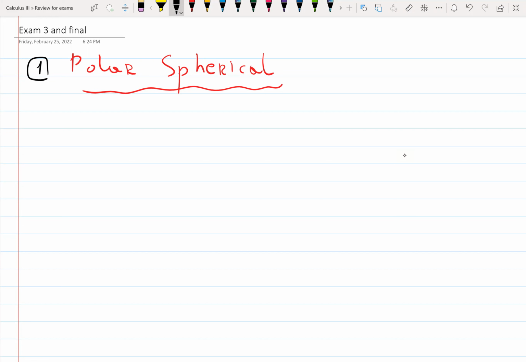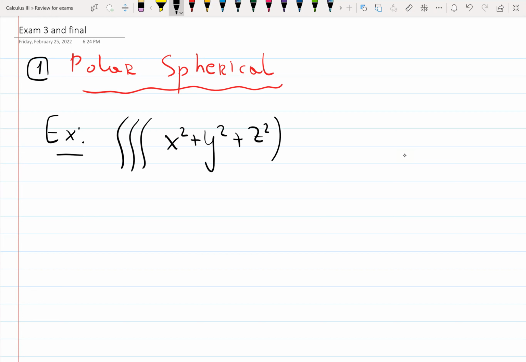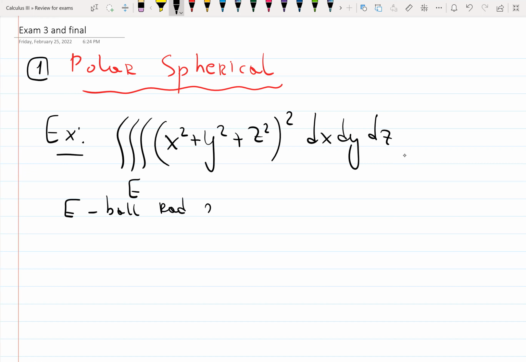But for example, either they ask you to build it, or you might have both examples actually. Squared dx, dy, dz. And then they will say over E, and E is the ball of radius 2.